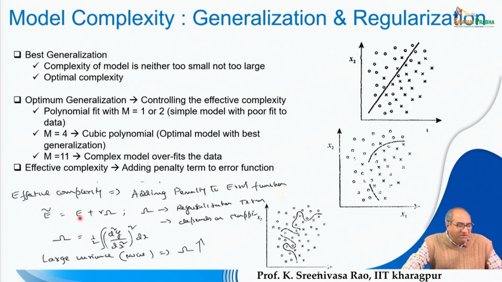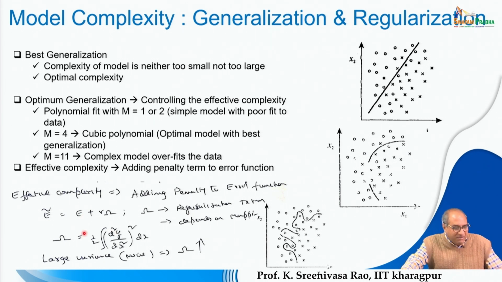So, the error will be increased in case of the oscillatory behavior of a mapping function. Wherever the oscillations are there, when you take a second order differentiation, that gives you some value. That way, by penalizing the error for a highly oscillated mapping function, we can control the complexity of a system.